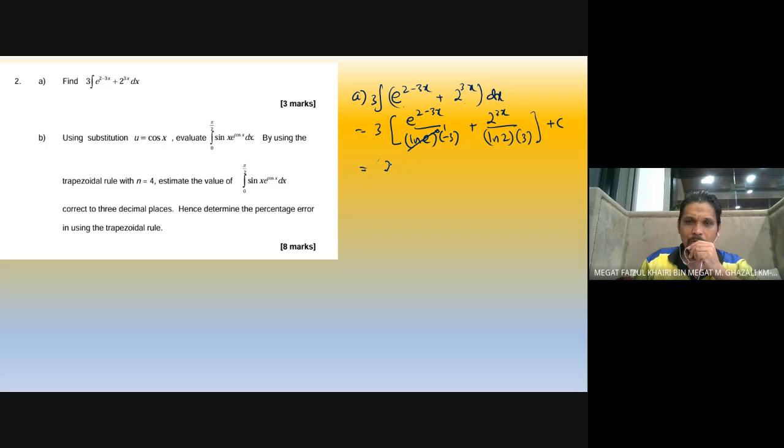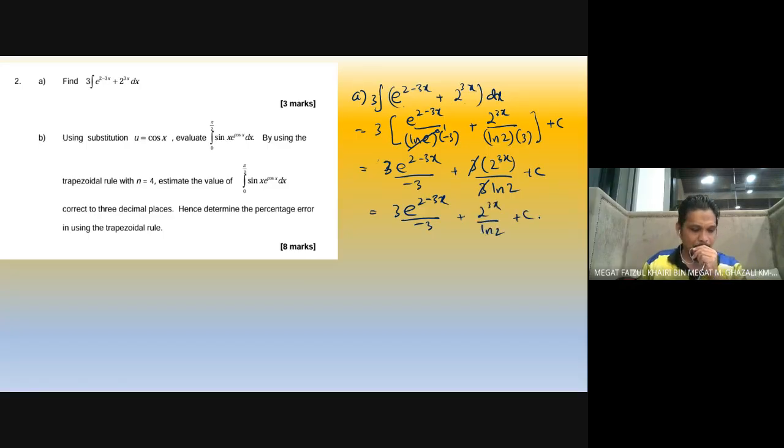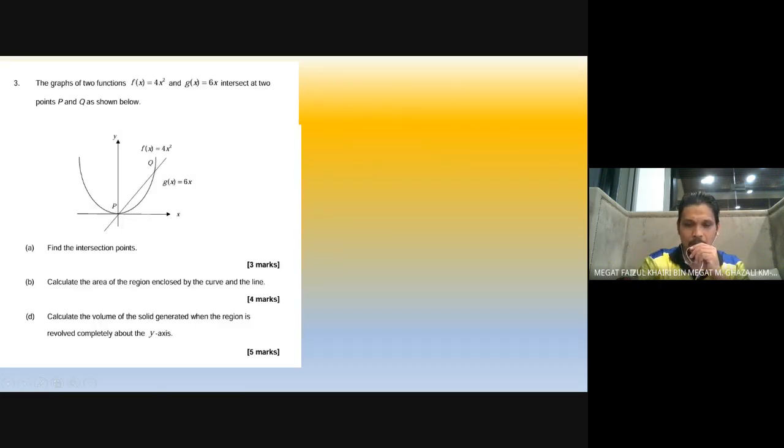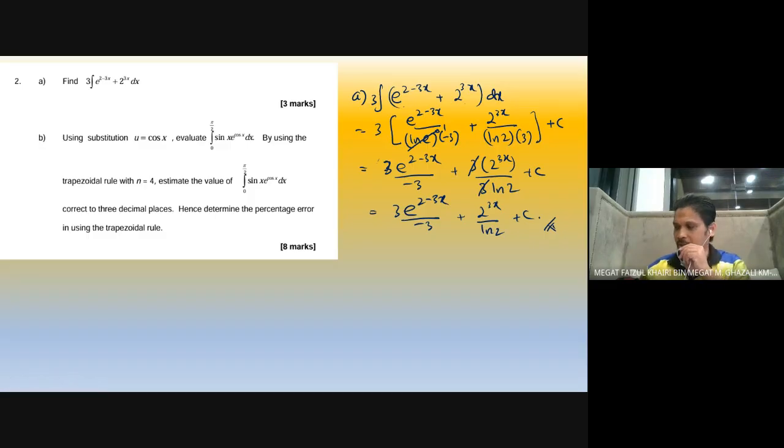So it is 3e power of 2 minus 3x divided by negative 3, plus 3 times 2 power of 3x divided by 3 natural log of 2, plus c. 3 divided by 3, finally it is 3e power of 2 minus 3x divided by negative 3 plus 2 power of 3x divided by natural log of 2 plus c. Okay, solution for question number 2a.